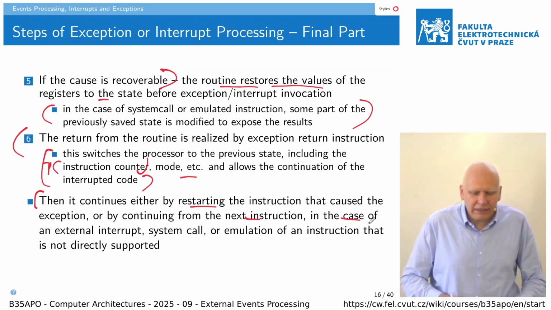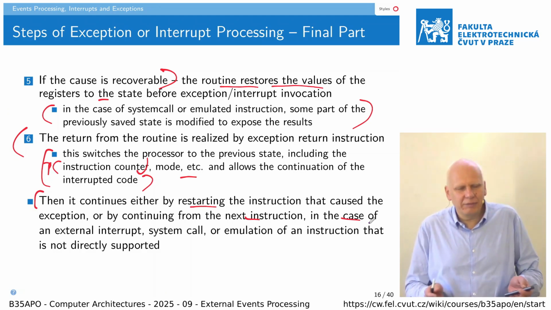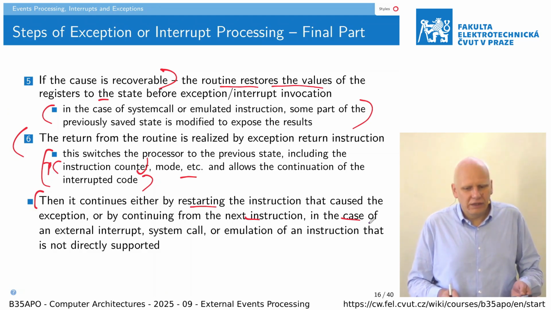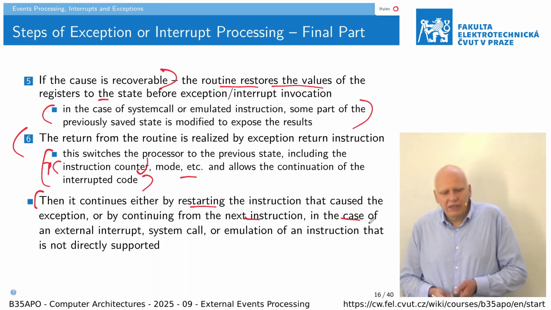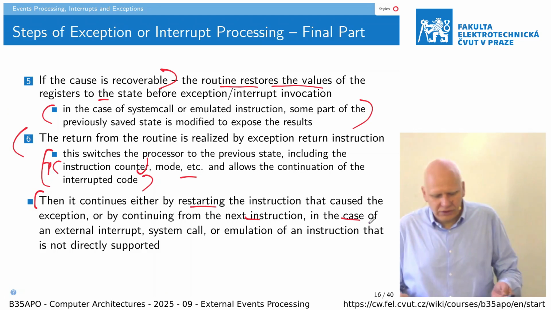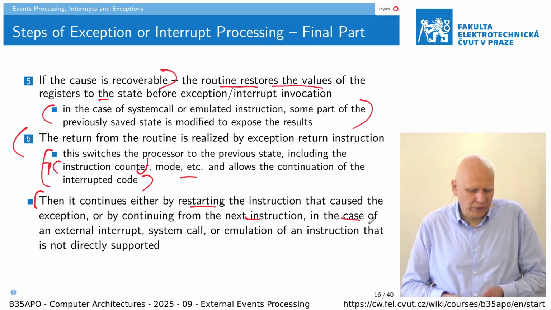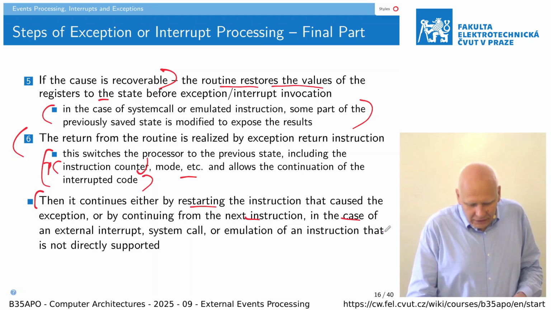So if you do not measure the time, that this time the execution of the instruction took exceptionally long, then basically the program doesn't see or is not notified that there has been a time when the operating system has run and so on.